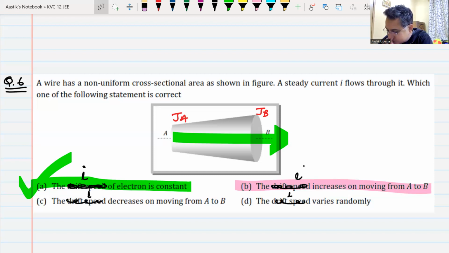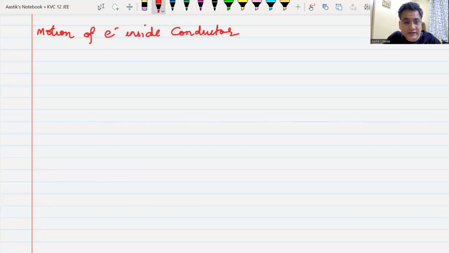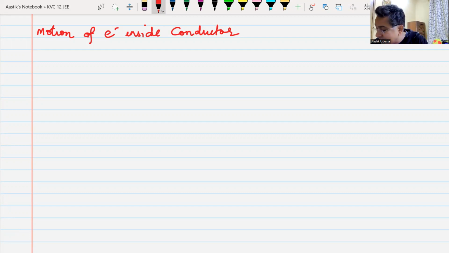Motion of electrons inside a conductor. I'm saying you can write it. I know that you can't see it. Trust me. Motion of electrons inside a conductor in the absence of electric field.